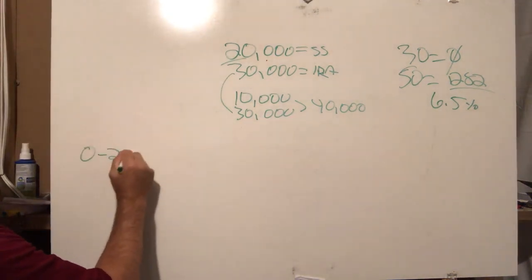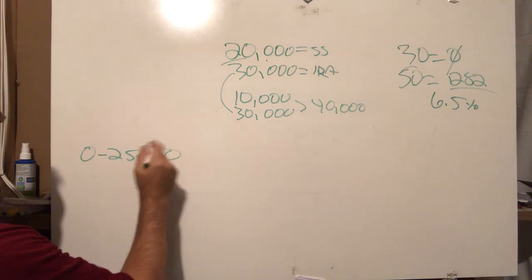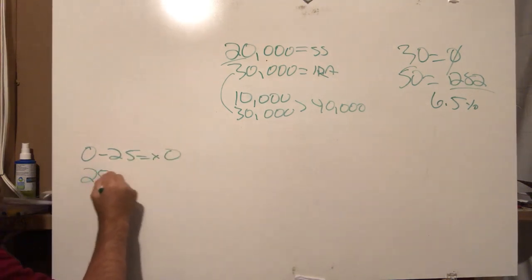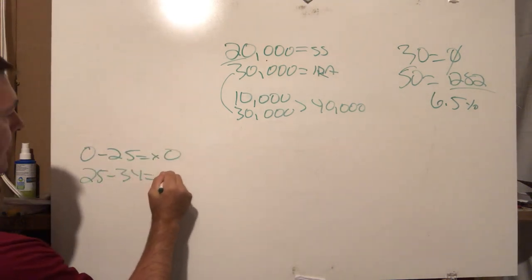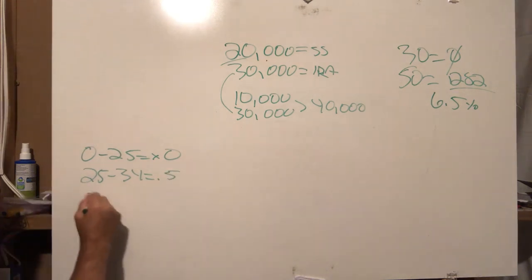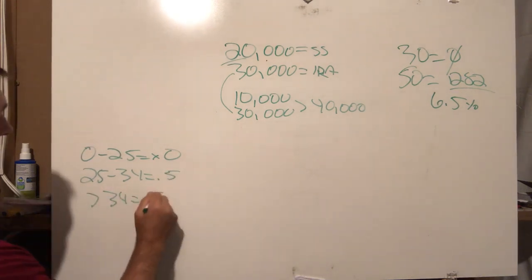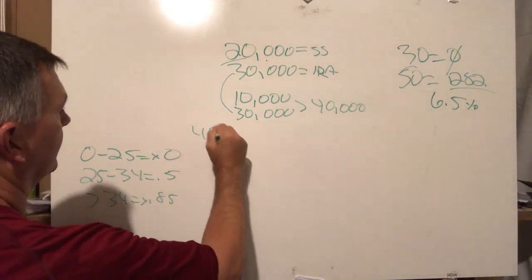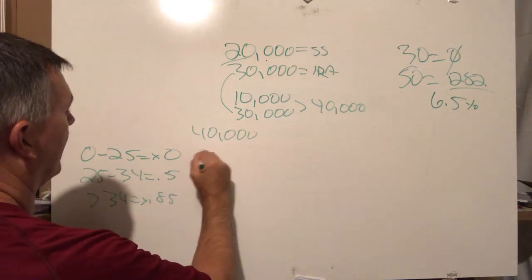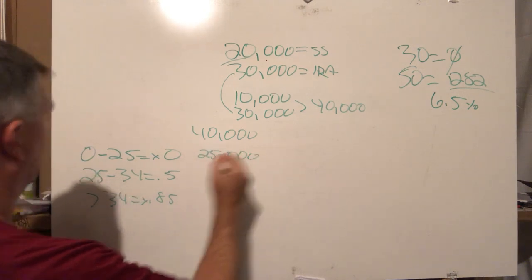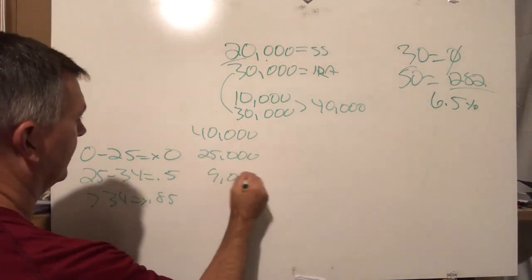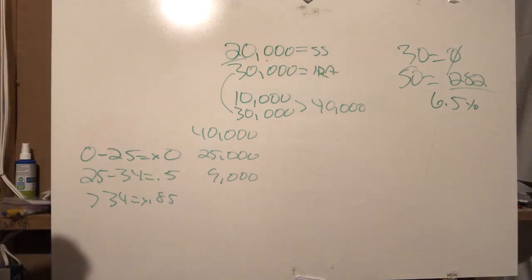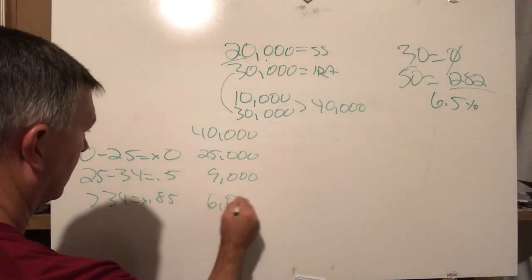0 to 25 times 0, 25 to 34 times 0.5, and anything over 34 times 0.85. All right, so in this case, we got $40,000. First $25,000 is nothing. Next $9,000 is there, and then what's that? 34. We got $6,000 here. Is that right?